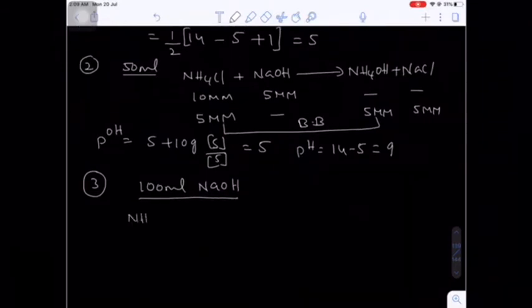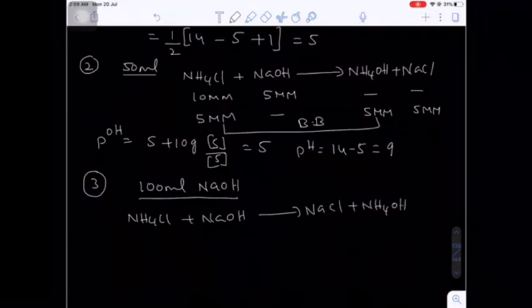Now the third one, suppose we are adding 100 ml of NaOH. Tell me, here again I am writing the equation: NH4Cl plus NaOH gives NaCl plus NH4OH.